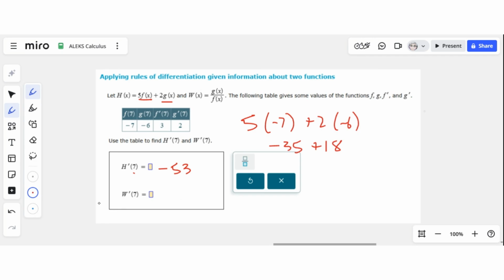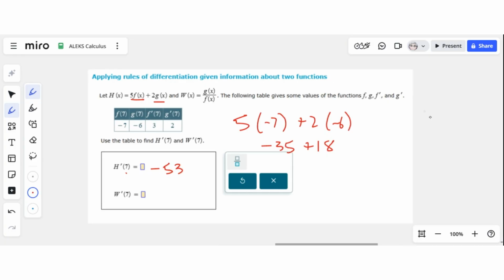All right, so next we want the derivative of w at 7, and this is a quotient. We could refer back to that rule. I've got it memorized because I say low d high minus high d low over low squared. So we want low, which is the denominator. That's f at 7, which is negative 7. That's low. D high is the derivative of the top part.